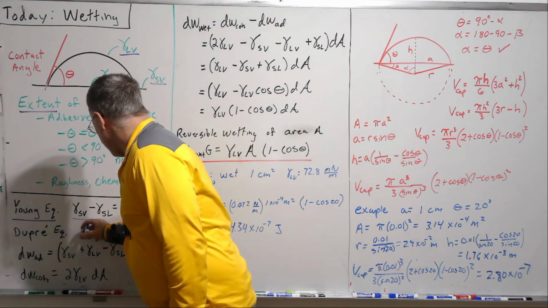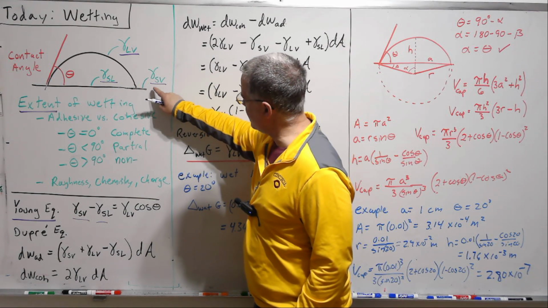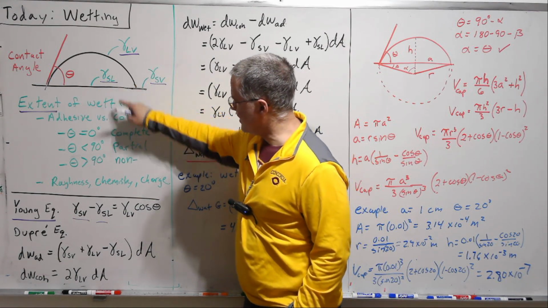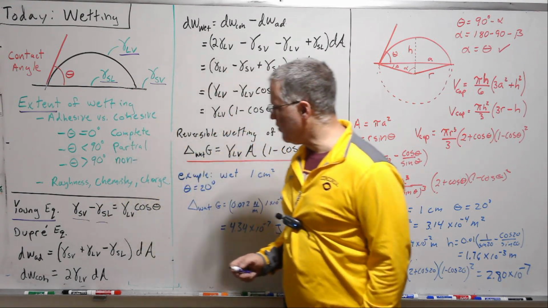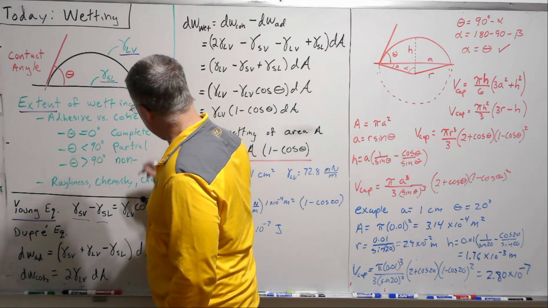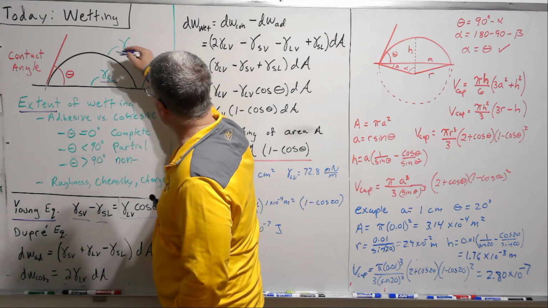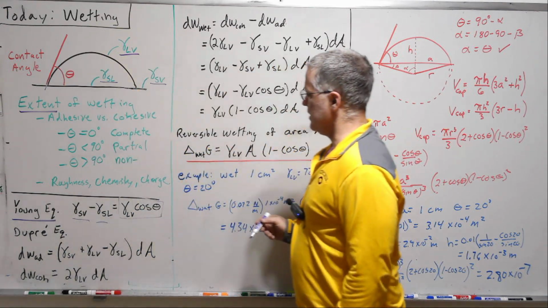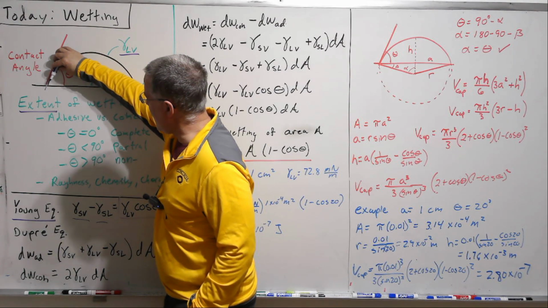So we can imagine that these are opposing, and that's what we see here. So this and this, we get a relationship here in which we're subtracting one from the other. And then we've got the liquid-vapor pulling on this, but it's going to be impacted by the angle.